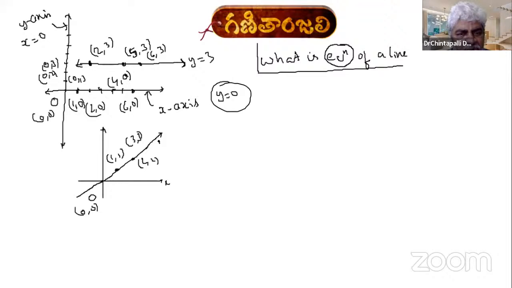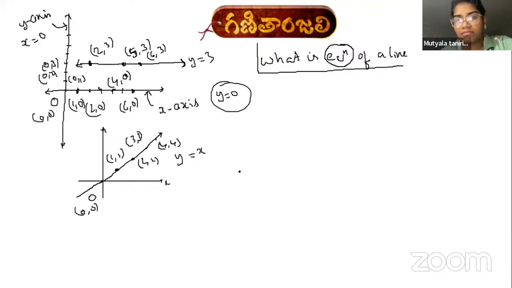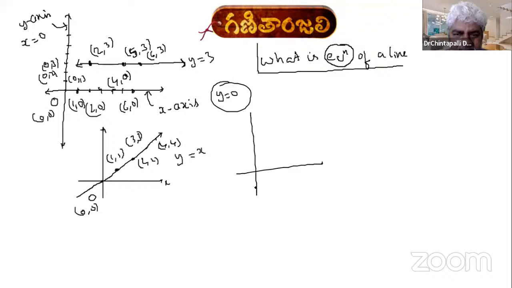Coordinates of this point are 4, 4. Can you say the equation of this line? Y equals x. Very good. Equation of this line is y is equal to x.